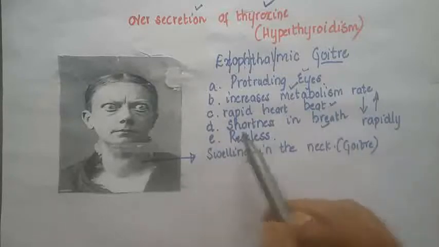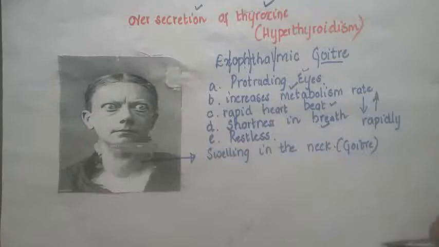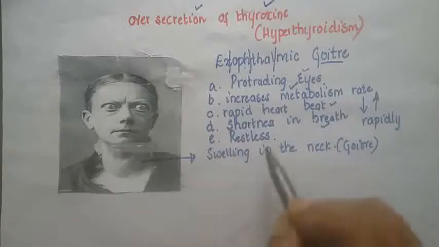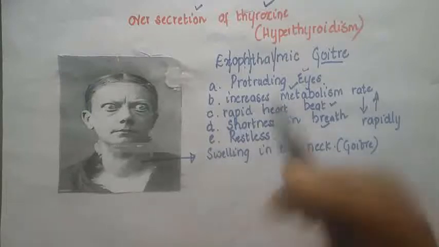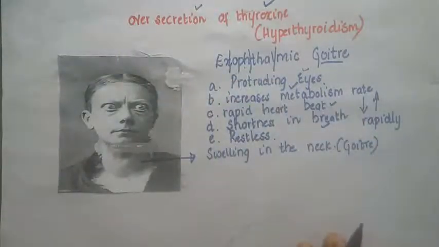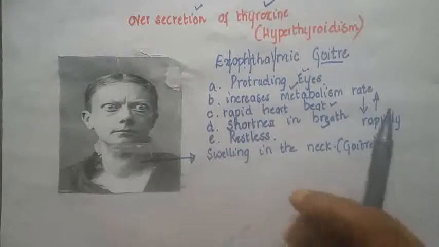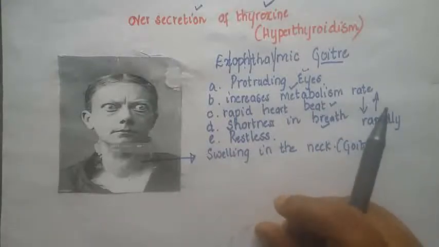There is a shortness in the breath, that is a shortness of inhalation followed by exhalation, and the person becomes restless. So this is one of the disorders occurring in a person due to over secretion of thyroxine. Children, with this we complete the thyroid gland.